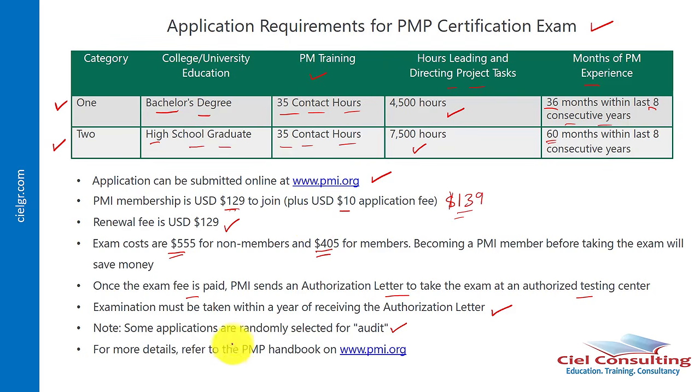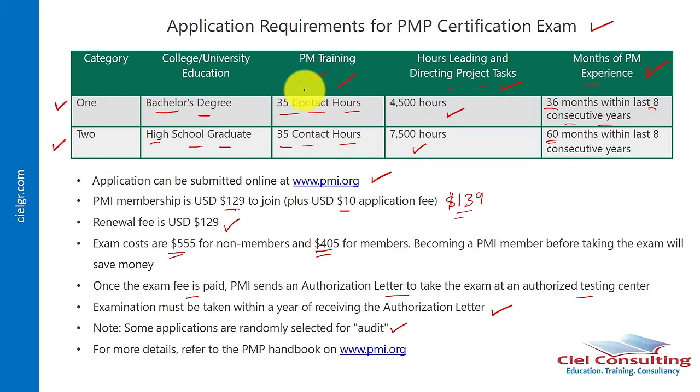In the course of the audit, they will ask you to send supporting documents that prove you meet the experience requirement, the number of hours requirement, and also the project management training requirement. So these are some of the things you will be asked to submit by the PMI.